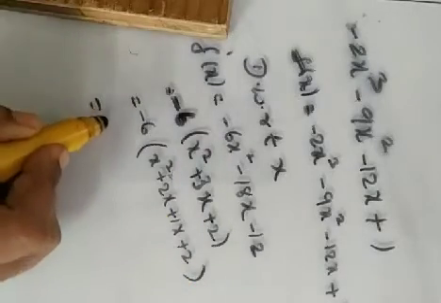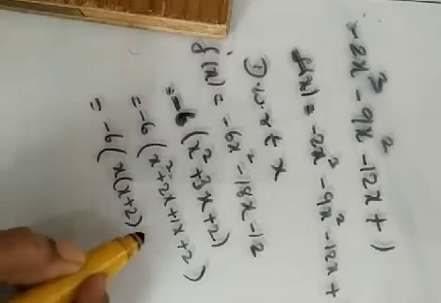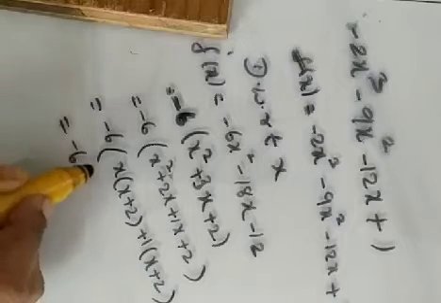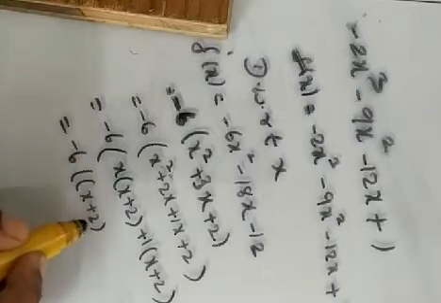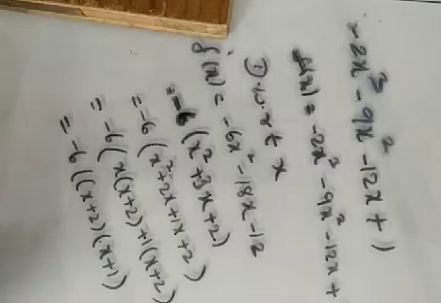Factorize it: minus 6 into, take out x common, x plus 2, plus 1 as common, x plus 2. So what are the factors then? X plus 2 into x plus 1 are the factors.